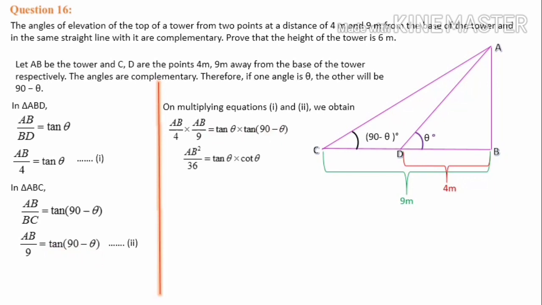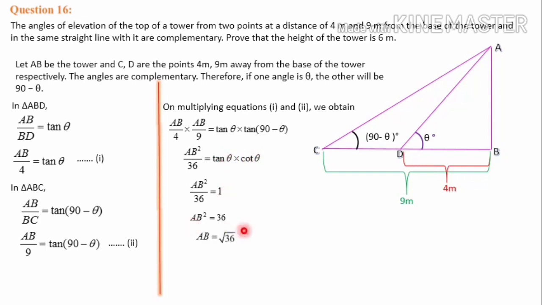AB into AB is AB square, 4 into 9 is 36. Tan of 90 minus theta we already learned is cot theta. So AB square by 36 is equal to tan theta into cot theta. Tan theta and cot theta are reciprocal ratios, so the product is 1.